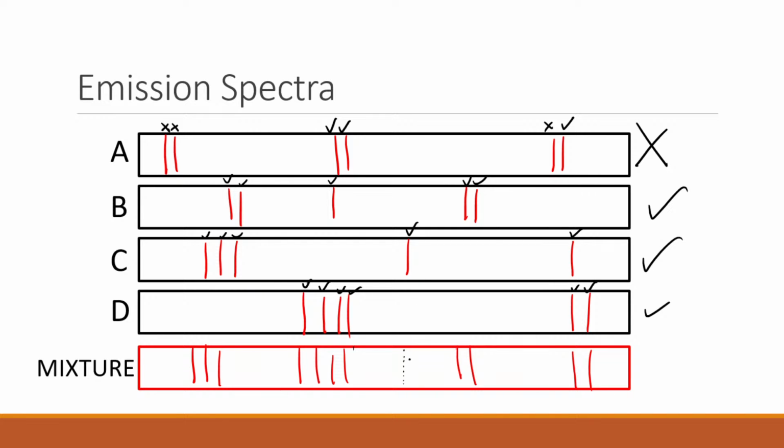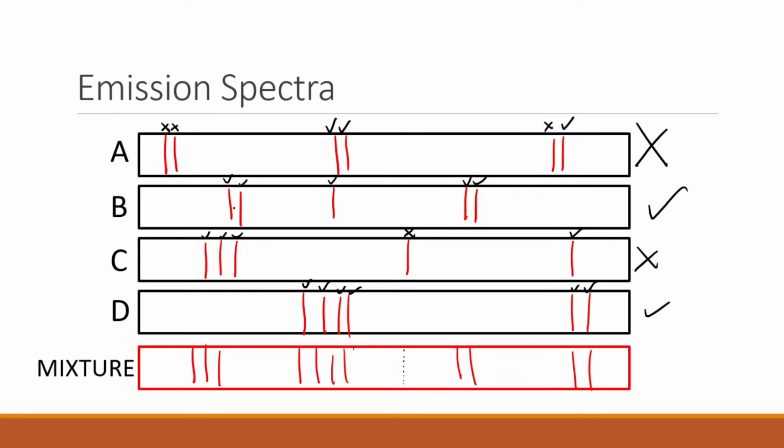So by taking out this one line, now I do not have all of C present. So C is now not a part of the mixture. It needs all of the lines, or it's not in the mixture, right?